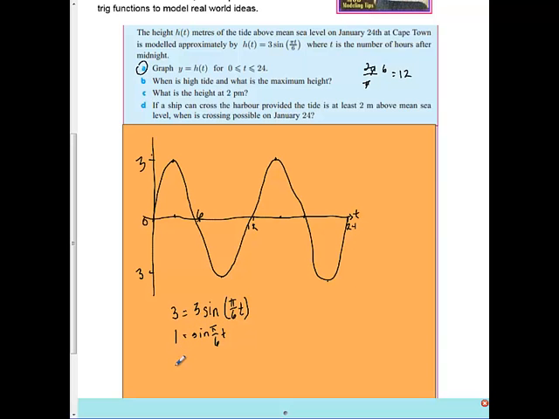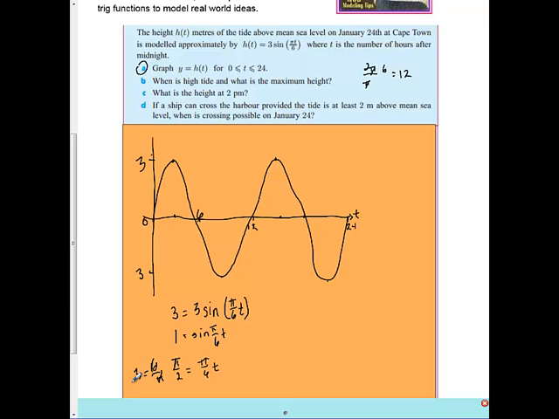Well, the angle whose sine is 1 is pi over 2. So pi over 2 is going to be pi over 6t, and multiply both sides by 6 over pi to get rid of the pi's, and we get our 3.